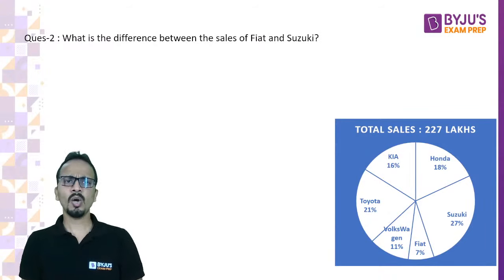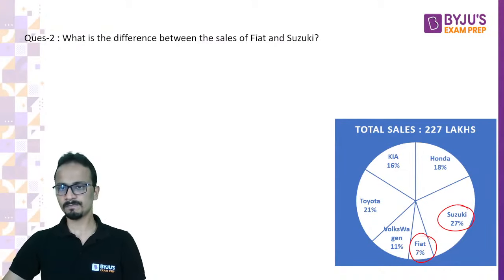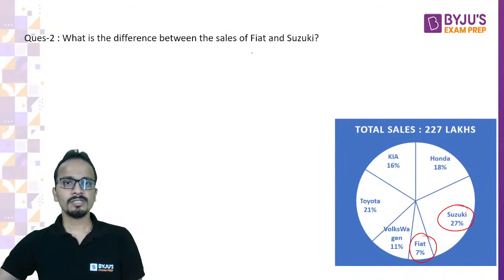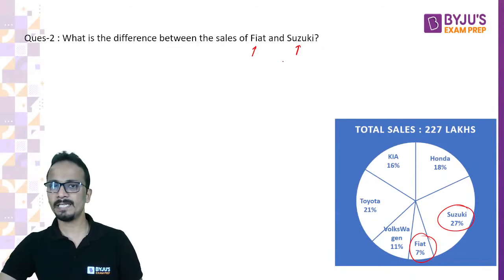The question is, what is the difference between the sales of Fiat and Suzuki? Suzuki is 27%, Fiat is 7%. Now there is no need to calculate the values of Fiat and Suzuki separately.